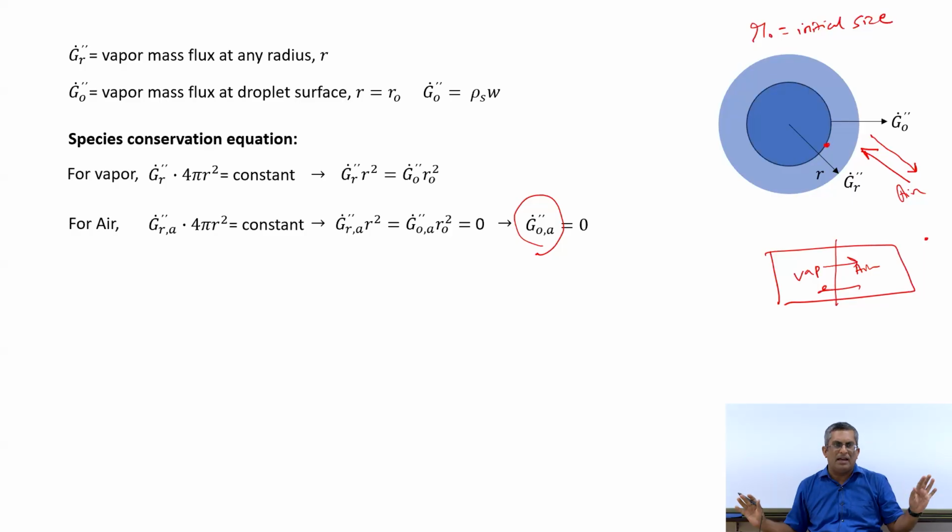If you have dry air, then vapor concentration is 0, otherwise some value. But at the surface of the droplet, you have higher vapor concentration, and because of the concentration gradient, the vaporization is actually taking place.